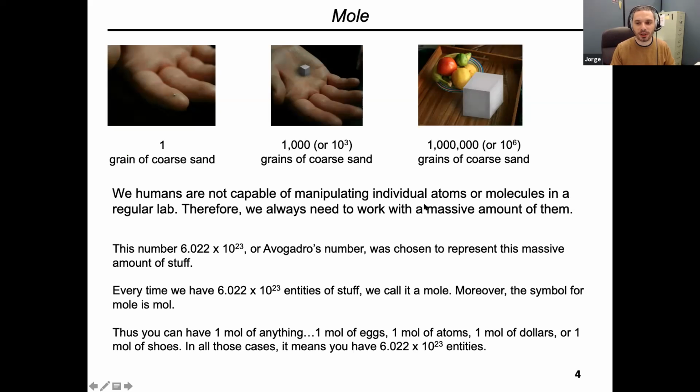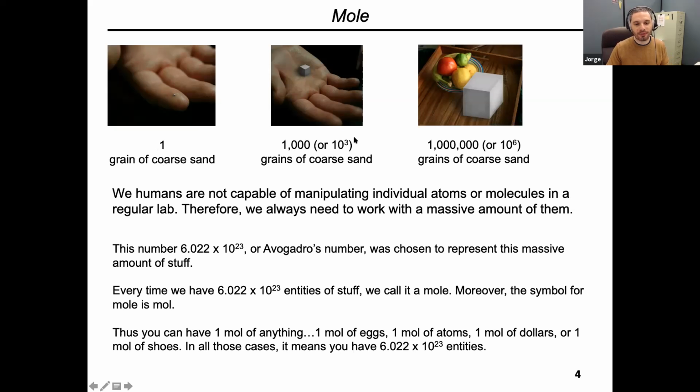So imagine the following analogy. If you are able to pick up 1 grain of coarse sand, that will fit on your fingerprints. But as you can see, it is really hard to manipulate just 1 grain of sand.